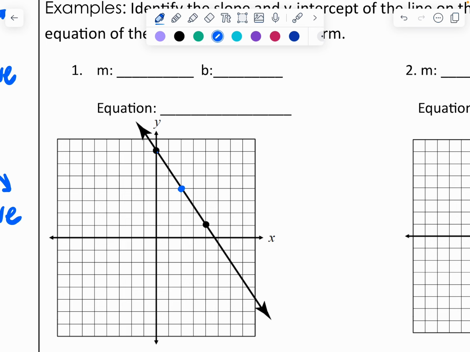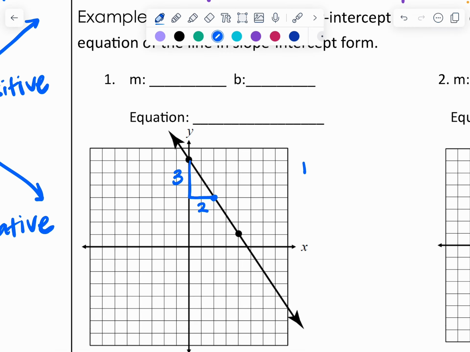So remember, you're just going to make a triangle. And here we have 3 and 2. So remember that our slope is rise over run. So my slope is going to be 3 over 2.